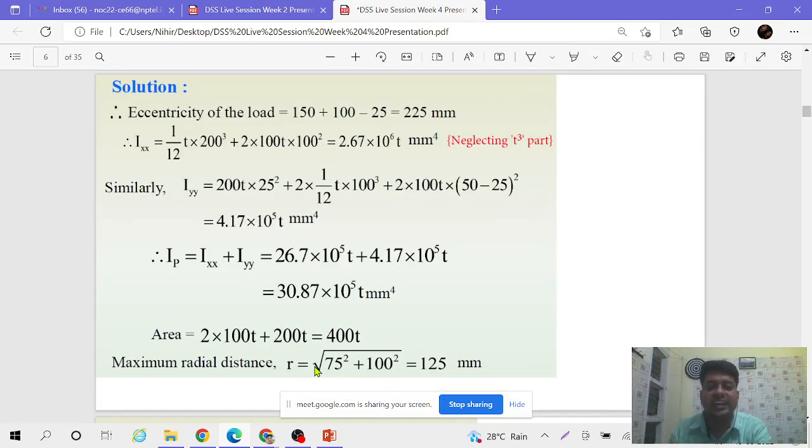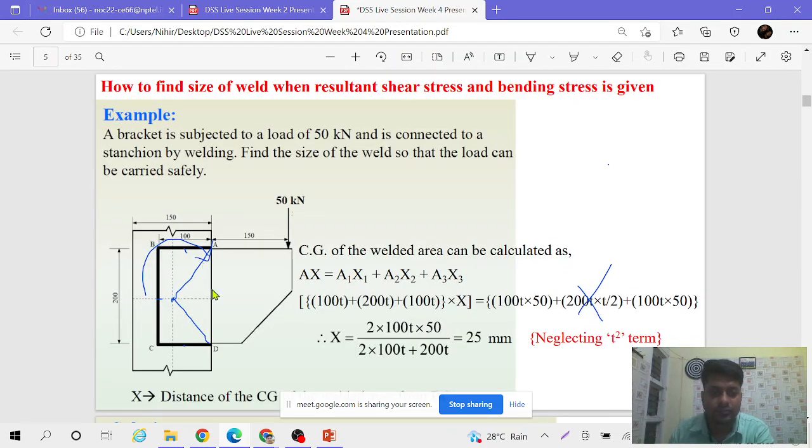So radial distance R is calculated as root over 75 square plus 100 square, which comes to 125 mm. This is 100, and this was 100 minus 25, which is equal to 75.